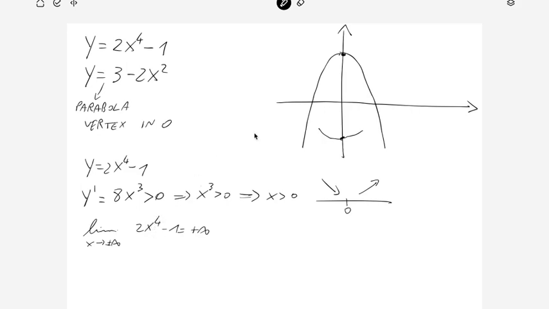And we just have to compute the intersection points of these functions, in order to do a good graph.